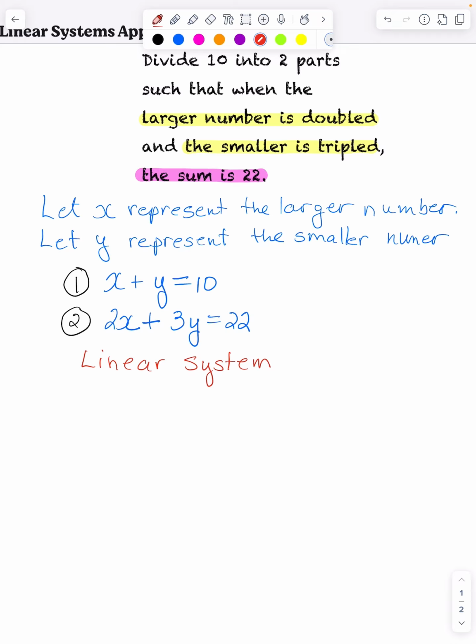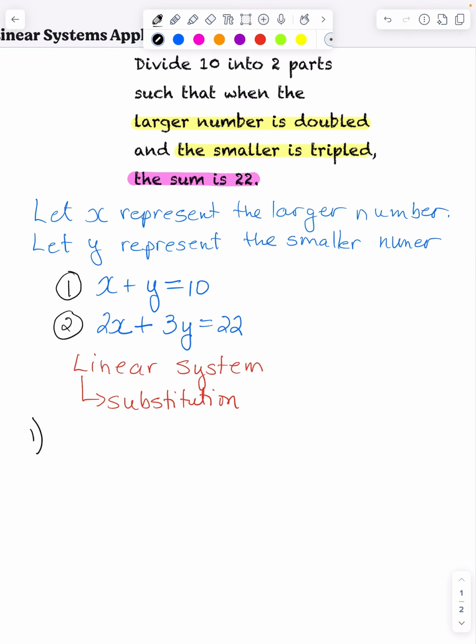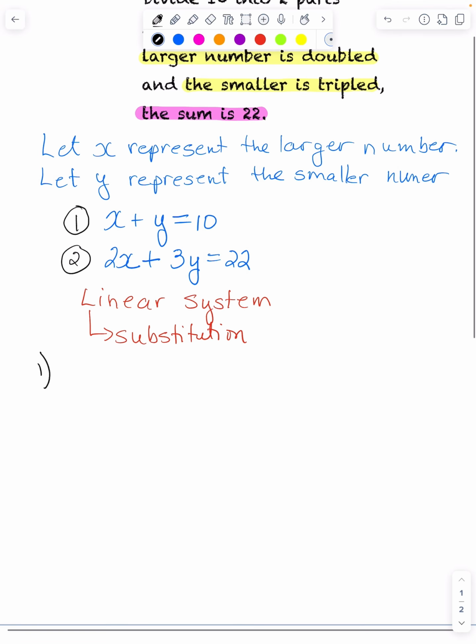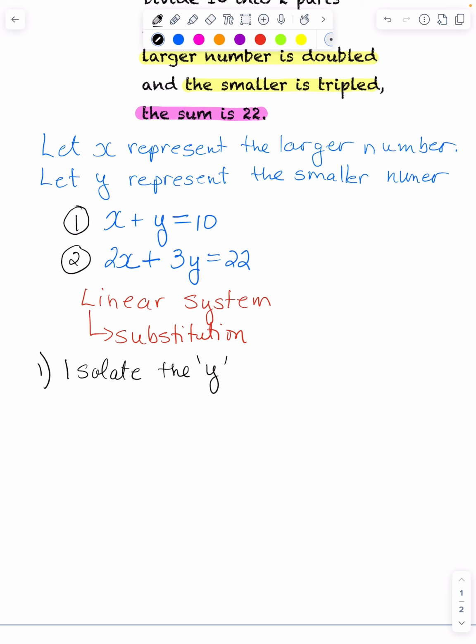So you can use substitution or elimination. I am going to use the substitution method. So the way I'm going to start is with step number 1. Step number 1 is going to be to isolate the y. You can choose x as well, but I'm going to isolate the y in equation number 1.